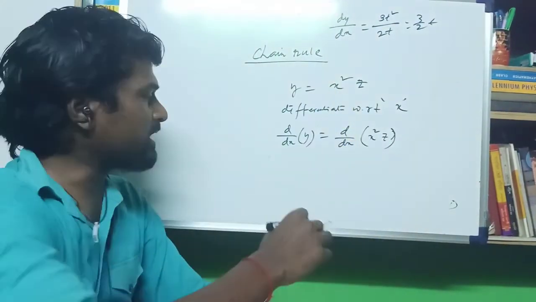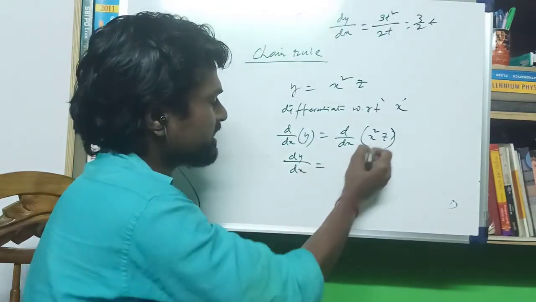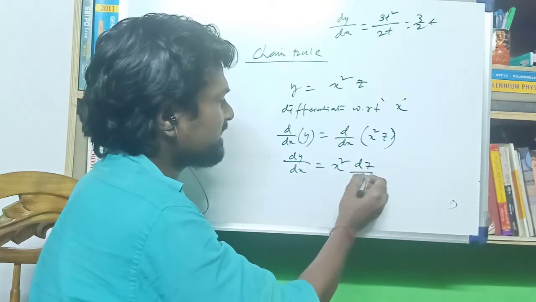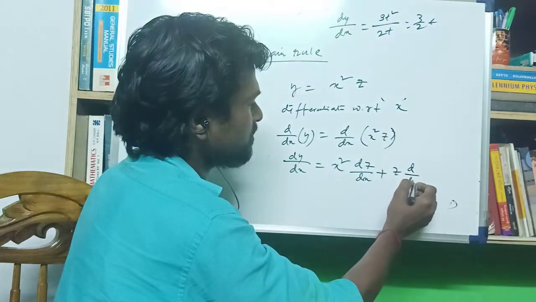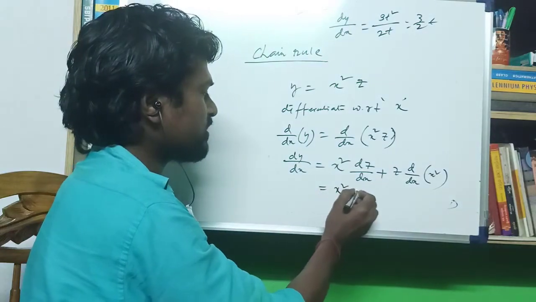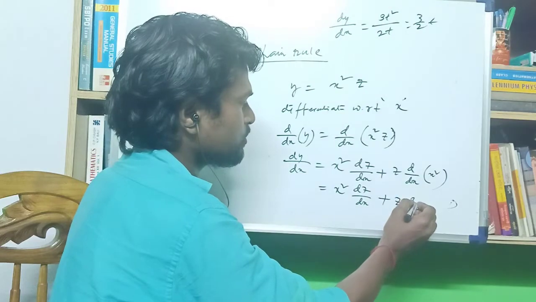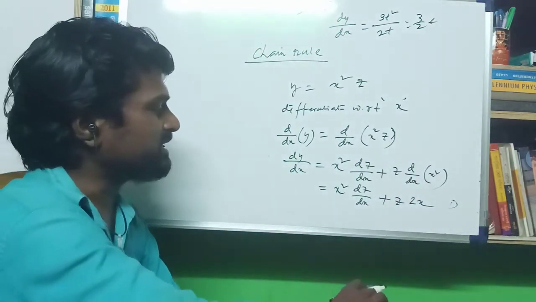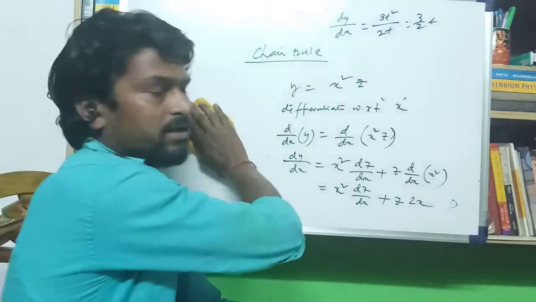There are three variables here. So dy by dx equal to x square into dz by dx plus z into d/dx of x square, which is 2x. So dy by dx equal to x square dz by dx plus z into 2x. Is that clear?